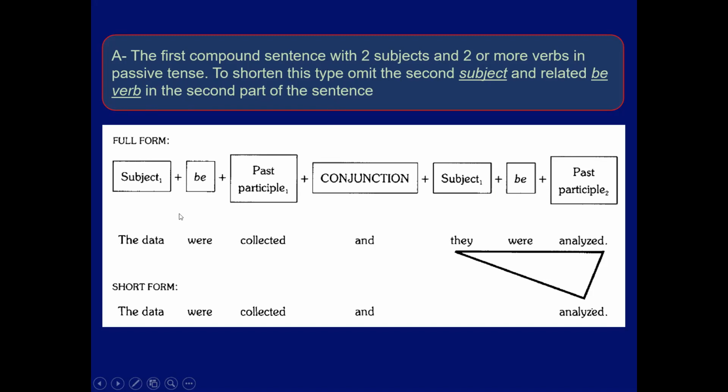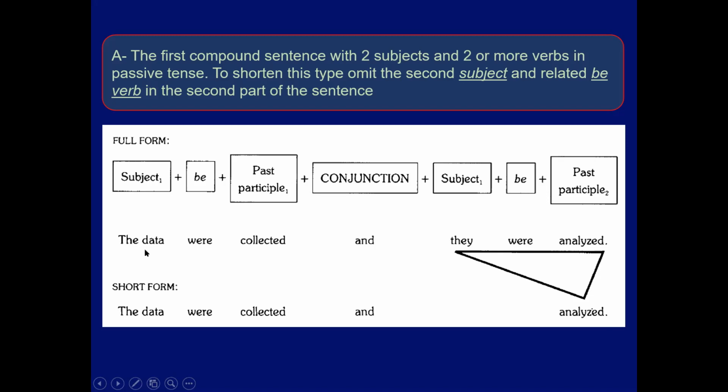For example, the general formula of that rule is this one: subject one plus the verb be, and then the past participle one, then the conjunction, and then subject two plus verb be, and then the past participle two.